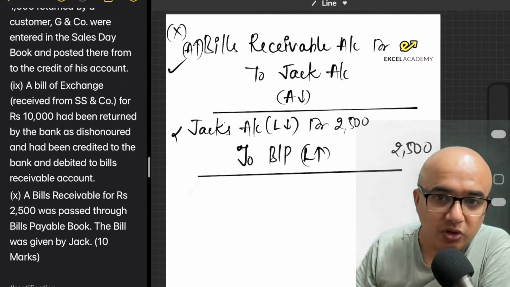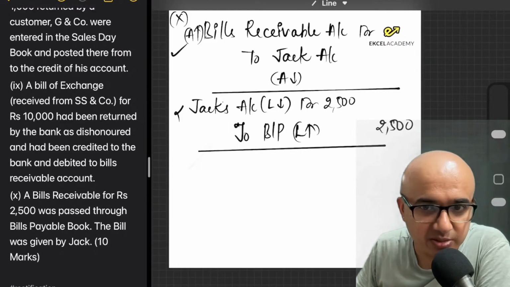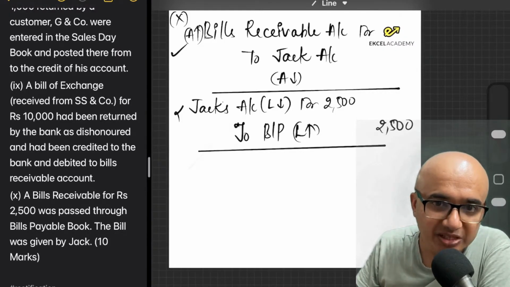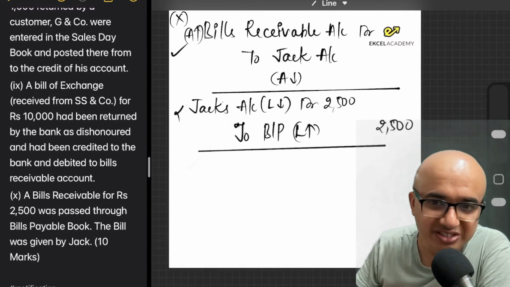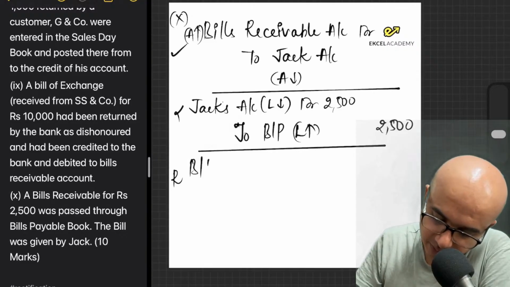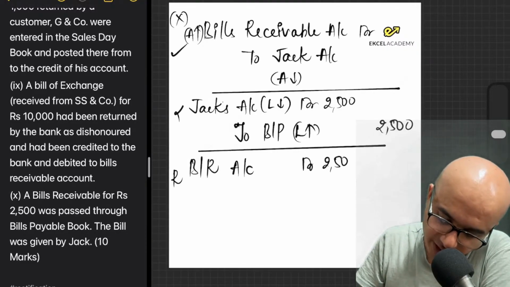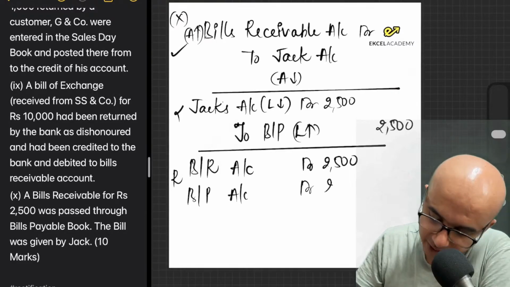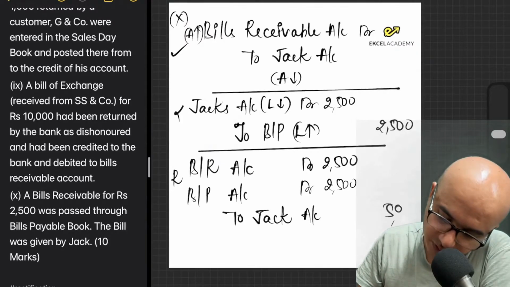Okay. So now how do we rectify? So first of all, right debit has to be given to bills receivable. Wrong credit given to bills payable should be reversed, and wrong debit given to Jack should also be reversed, and right credit given to Jack. So the rectification entry would be bills receivable account debit 2,500, bills payable account debit again 2,500, and give the credit to Jack 5,000.